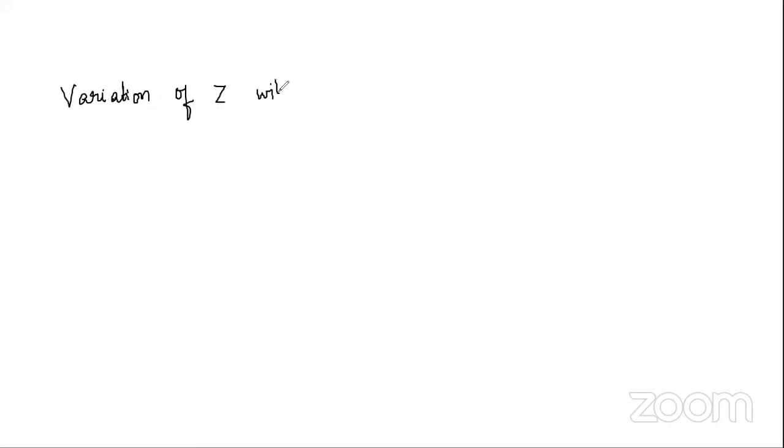With frequency. So if F is lesser than FR, that means your XL will be lesser than XC.